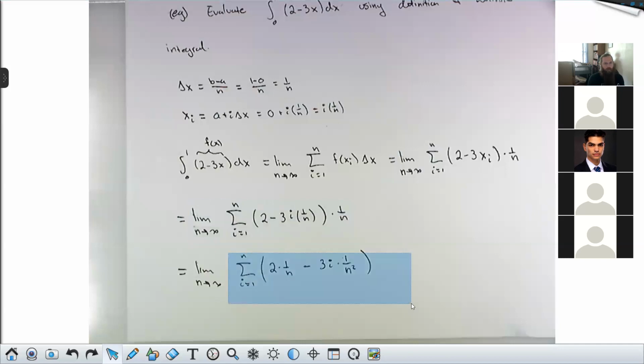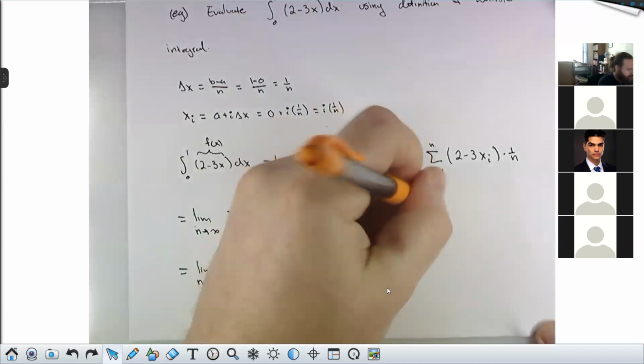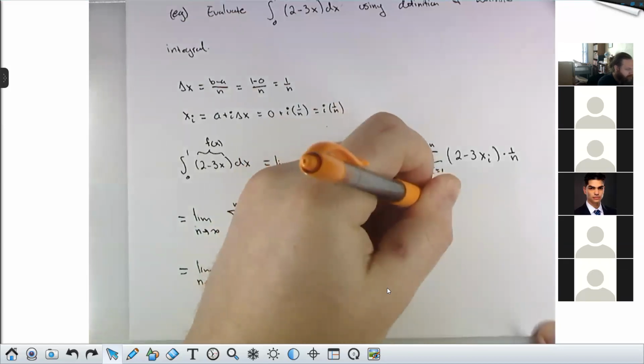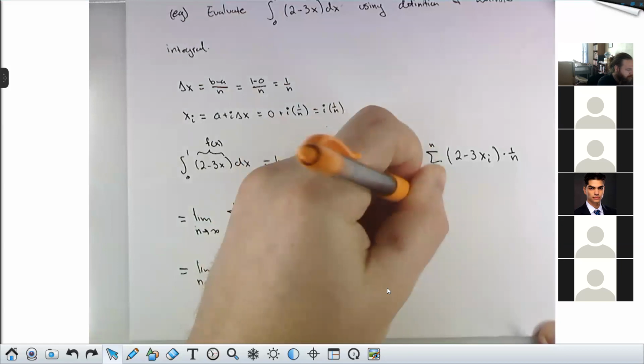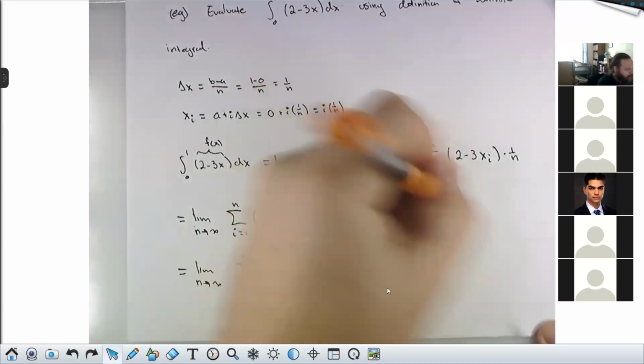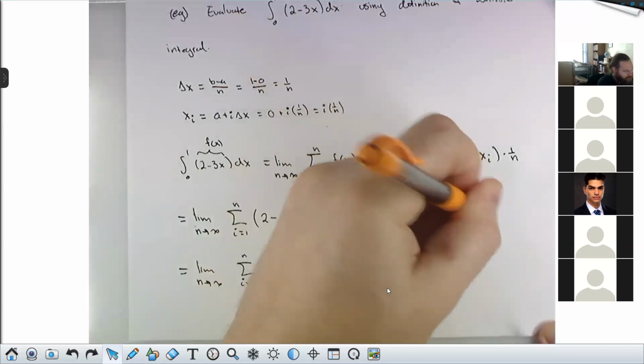Now, what would I do from here? I need to figure out this sum. I have some simple summation formulas I can use. You would break it into two separate sums and then evaluate xi in terms of n.